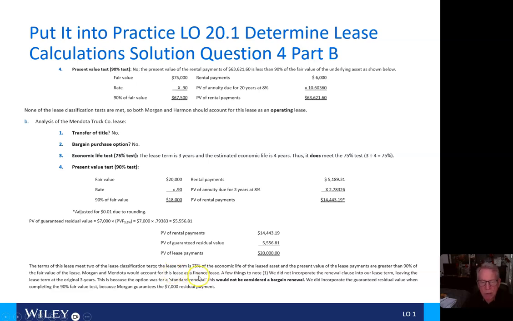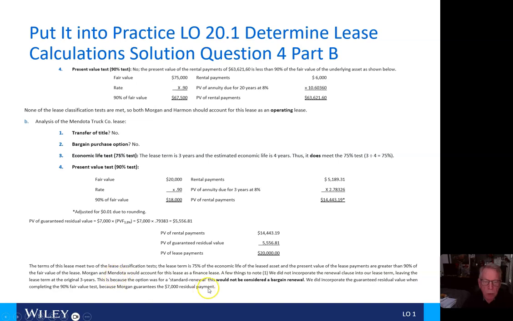The lease term is 75% of the economic life of the leased asset, and the present value of the lease payments is greater than 90% of the fair value of the lease. Morgan and Mendota would account for this lease as a financing lease.